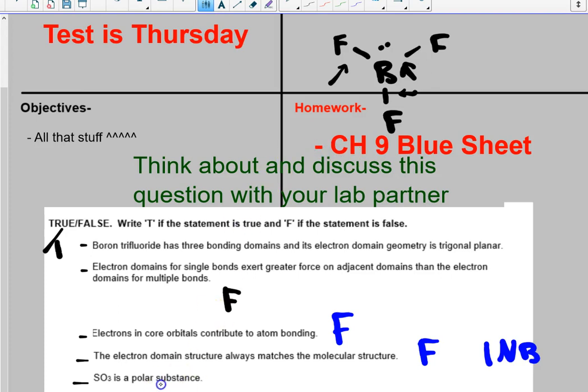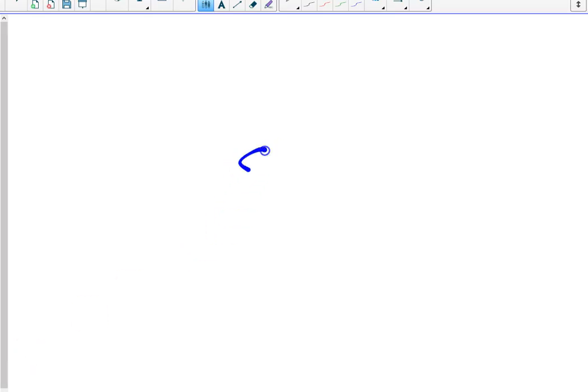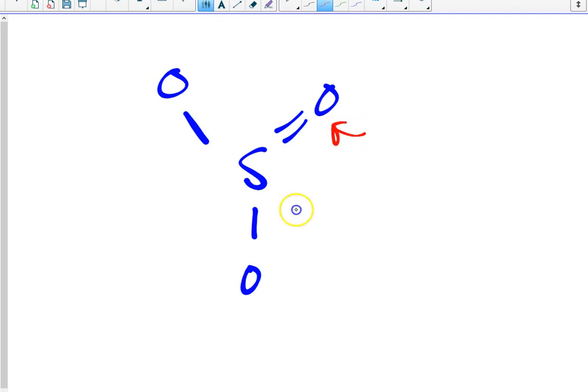All right, and then SO3 is a polar substance. This one has to do with what we did the last few seconds yesterday. If you remember, we've drawn SO3 a few times. It ends up looking like this. And each individual bond itself is polar. Between S and O, it is a polar bond.